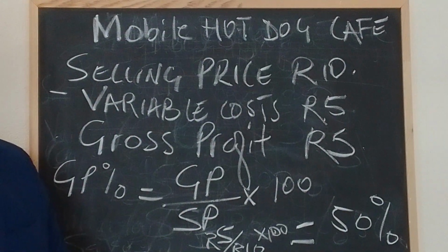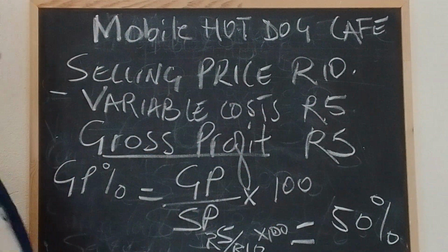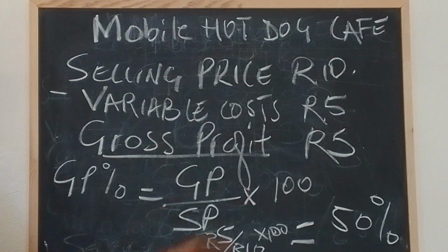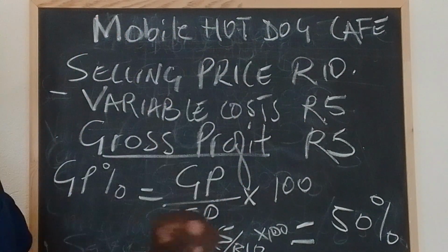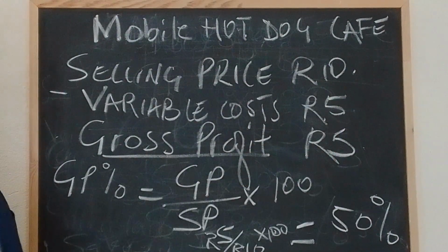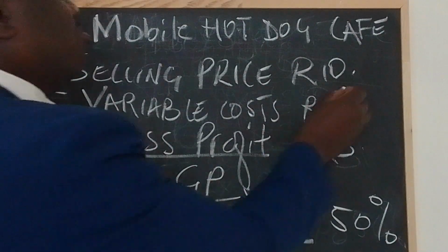Now, what does this mean? Remember, it costs you 5 rands to make the hot dog, and then you sell it for 10 rands, and your gross profit is 5 rands. This helps you to understand the seed money.